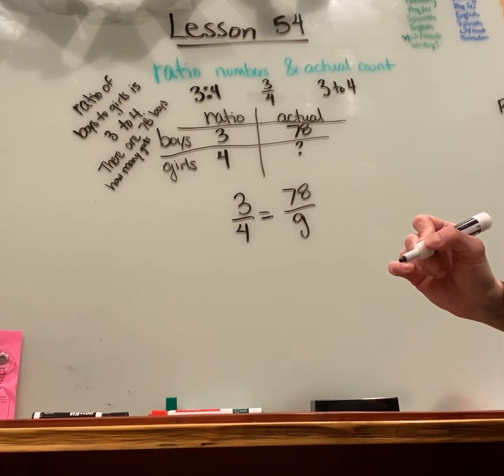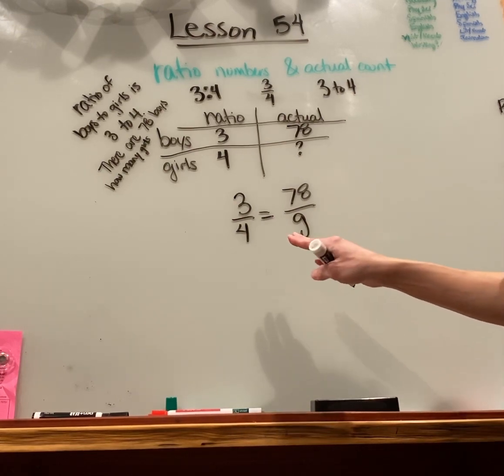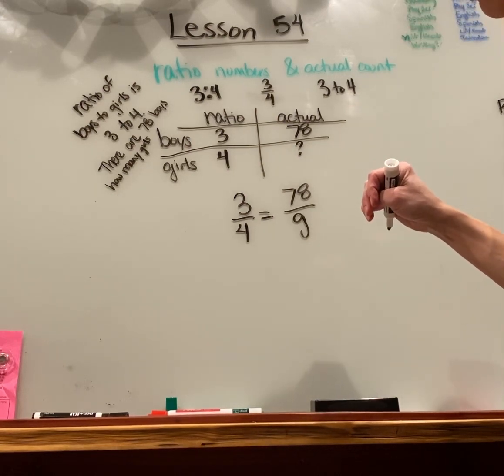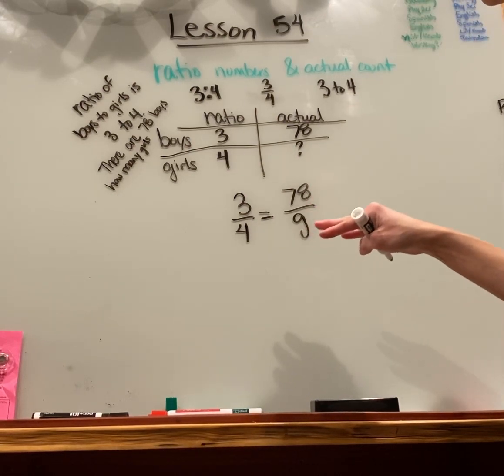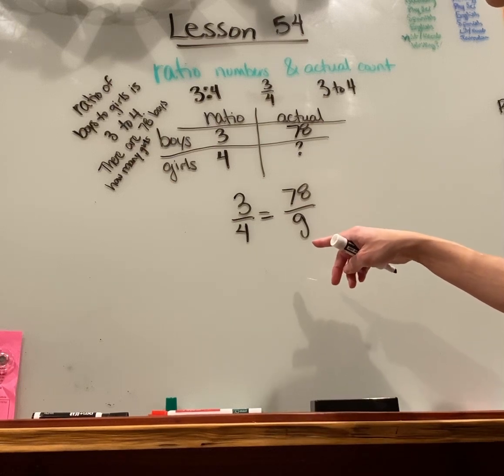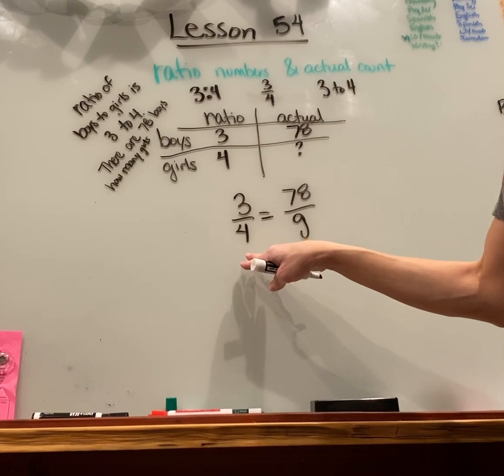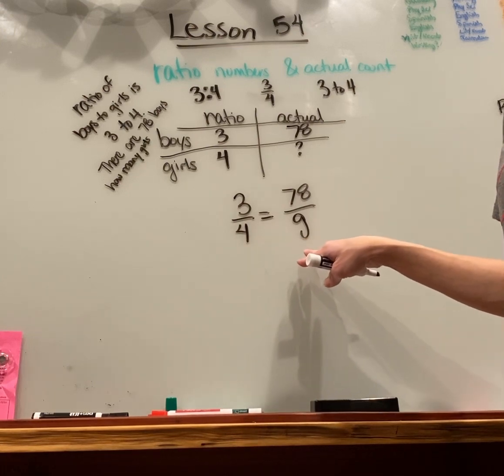We're going to solve this by, well, I think we've talked about cross multiplying before, but the reason that cross multiplying works is because we want to get a common denominator. In this case, the common denominator would be 4 times G.